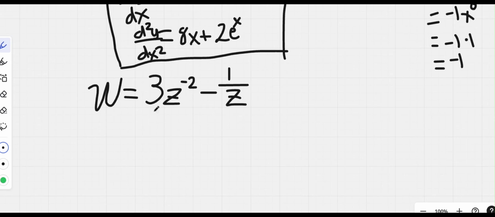Here we have w equals 3z to the negative power of 2 minus 1 over z. So what I'm going to do first is make everything a power. So here, 1 over z, we're just going to rewrite that as 1 times z to the negative 1. We're going to eliminate the fractions.